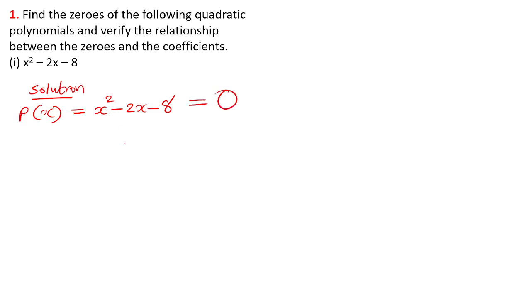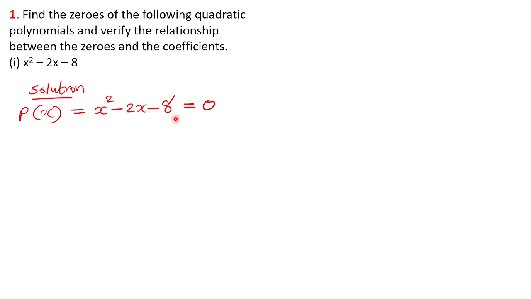The value of x for which this is equal to 0 is said to be a zero of the polynomial. So remember, to find the zero of the polynomial, the first step is to equate it to 0. Please don't forget it. Just equate to 0.